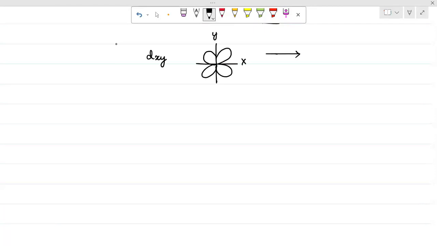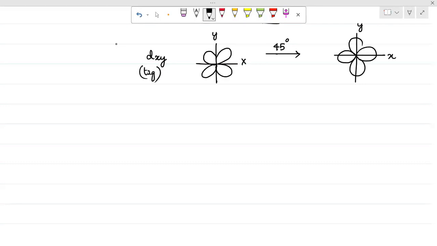Now, the moment you rotate these lobes, if you rotate it at 45 degrees, what will happen? Only the lobes. My axes are the same. I'm just rotating the lobes. Now, your T2G, so this was actually dxy, which belonged to the T2G of the octahedral geometry.